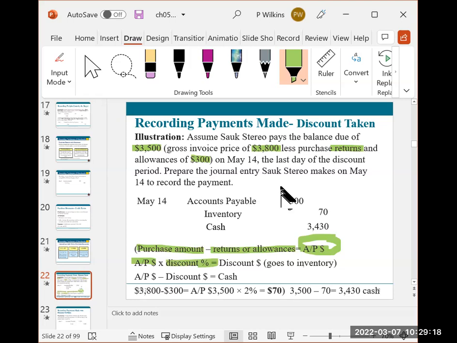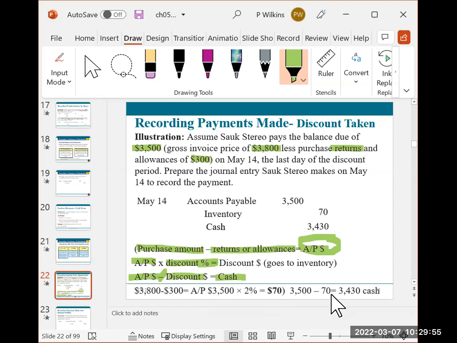The problem told us the discount percentage was 2%. So $3,500 times 2% gives you your discount dollar amount, which is $70. Then you take your accounts payable dollar amount minus the discount dollar amount. That tells you how much you're actually going to pay, your cash amount. So you have to do all of that first to get your numbers before you can do the entry.